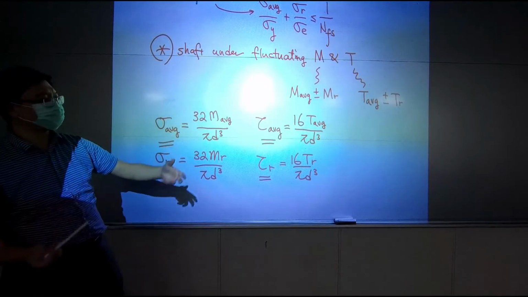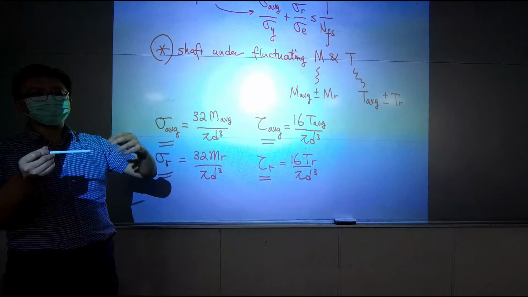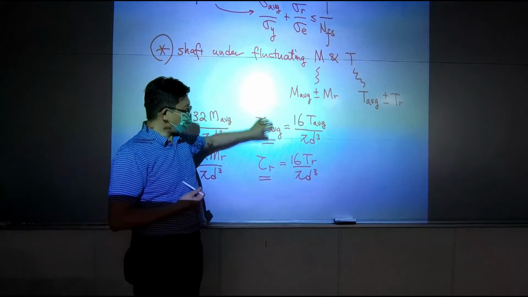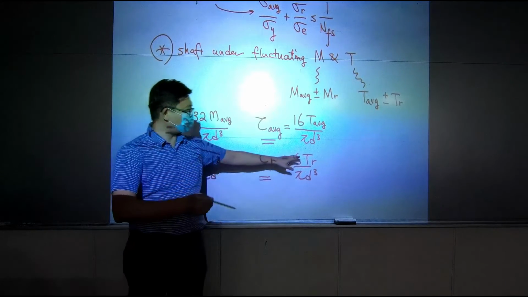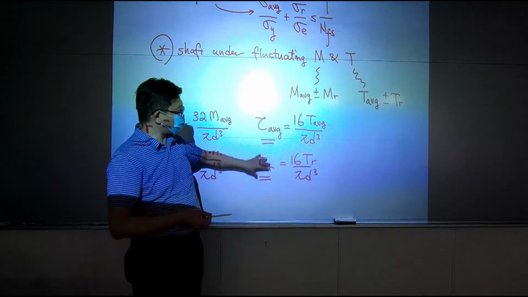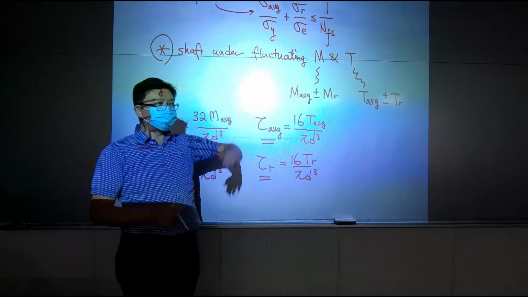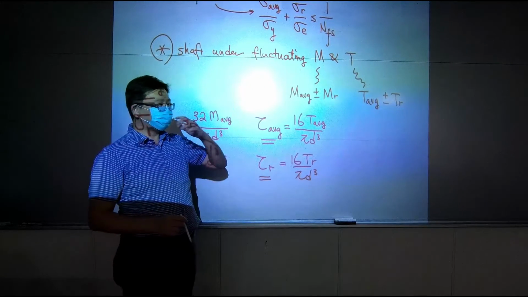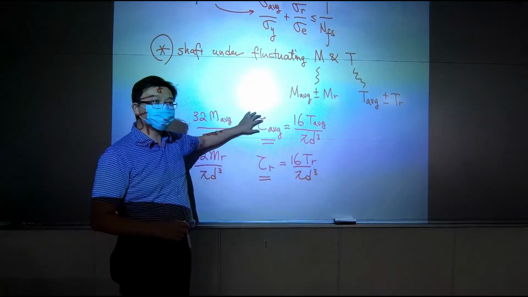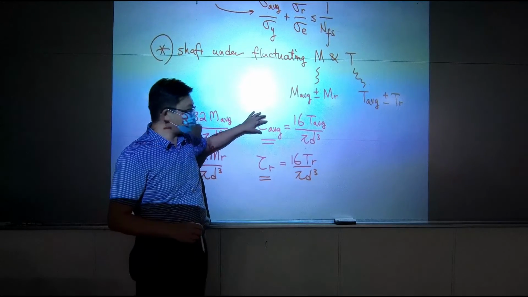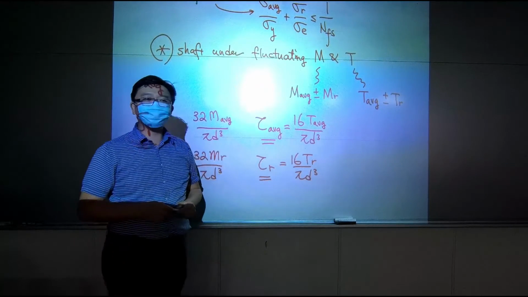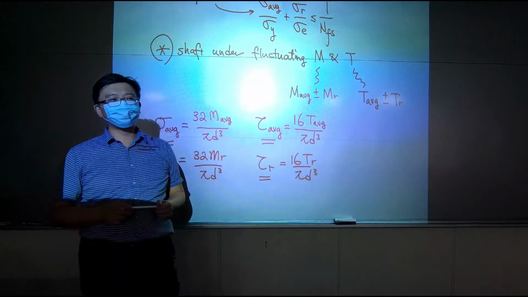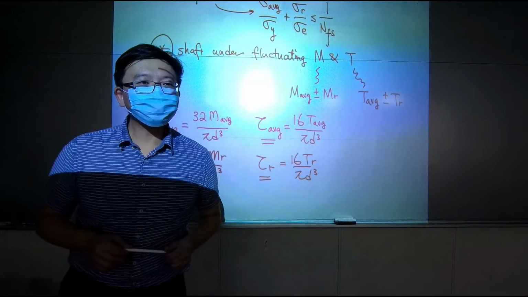When you calculate the average and the range, you have average torque and range torque, and you do have a changing magnitude of shear. You can calculate the average of your shear and the range of your shear, but the equation doesn't talk about it.